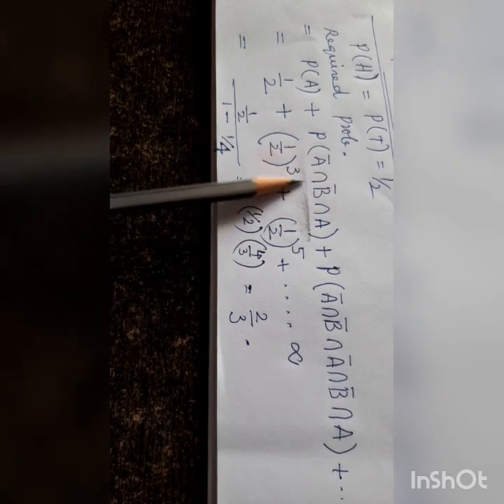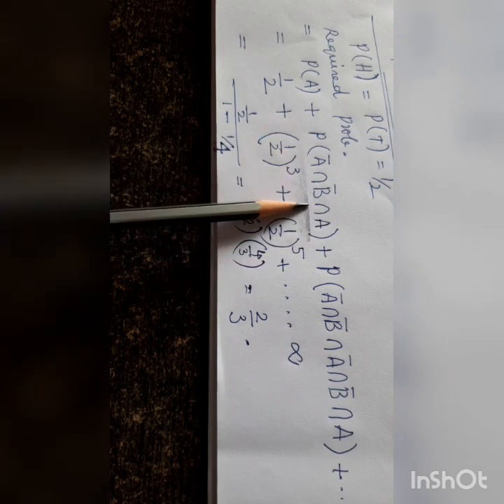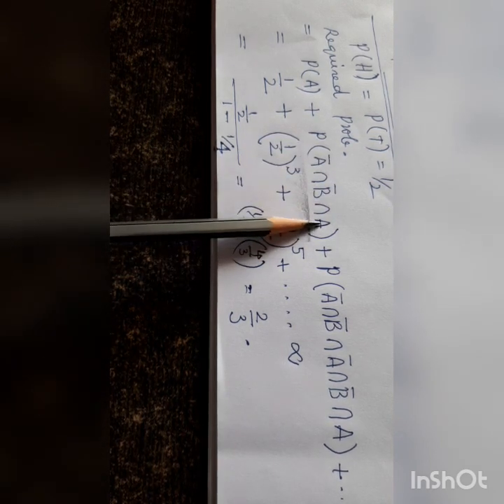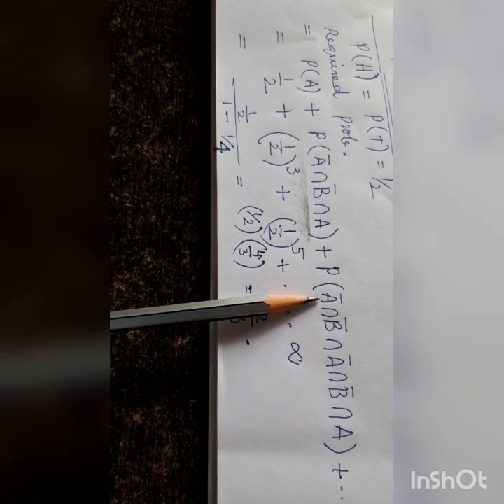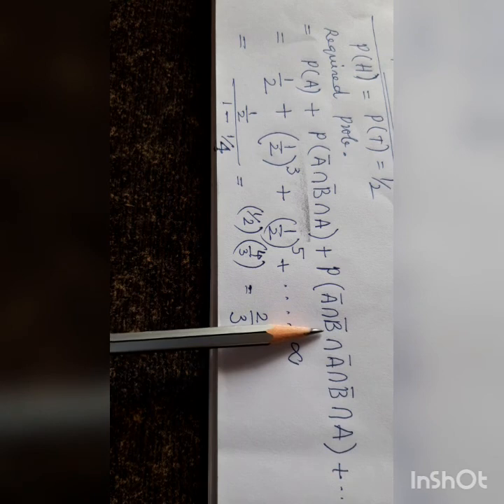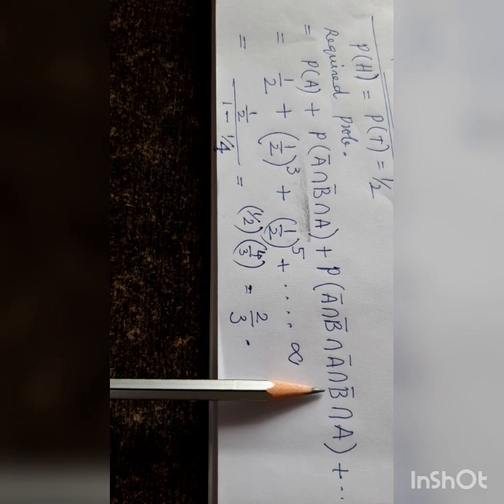This is one way. We are not sure this will be happening. First A doesn't get head, B doesn't get head. A doesn't get head in the second trip, B doesn't get head.